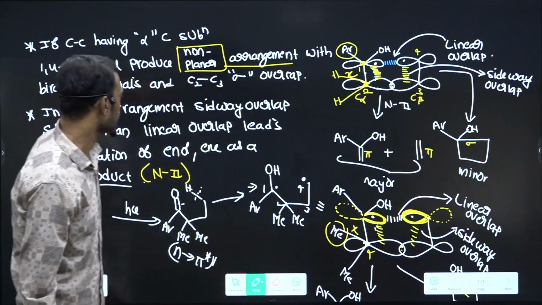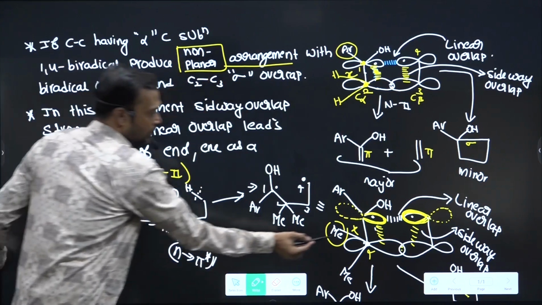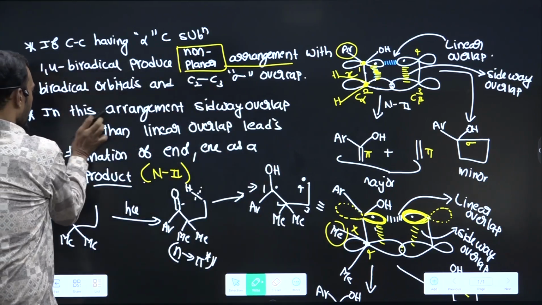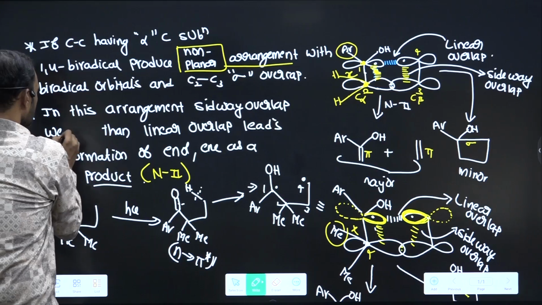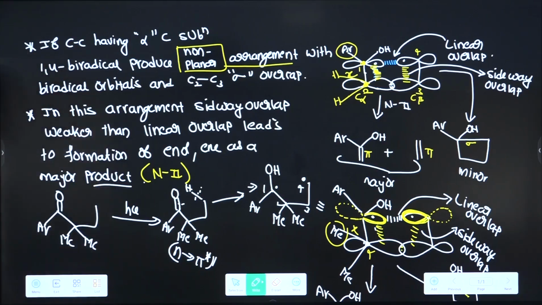Horizontal and vertical. So in this arrangement, there is sidewise overlap. Sidewise overlap is weaker than linear overlap. Why is it weaker? Because there is no planar arrangement.